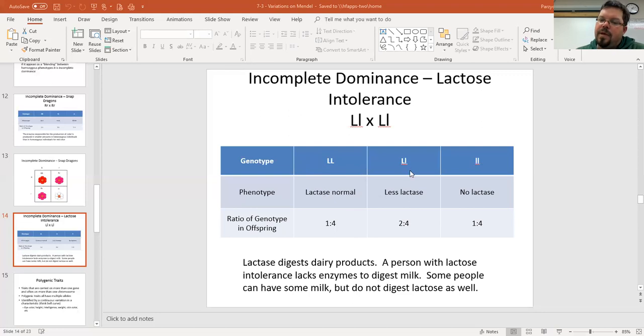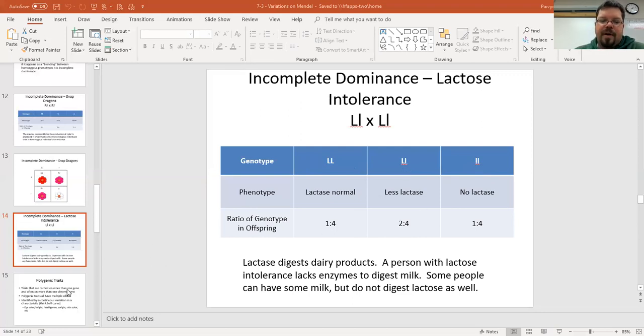It's not quite as extreme as those that are lactose intolerant. They maybe have to watch their dairy intake. They can't have large amounts, but some of it isn't really a big deal.